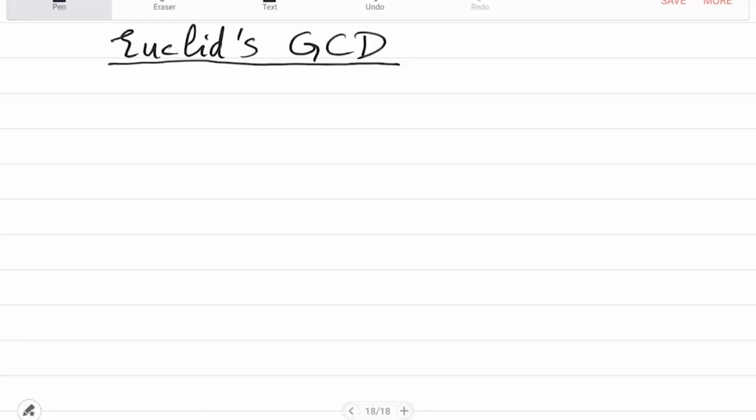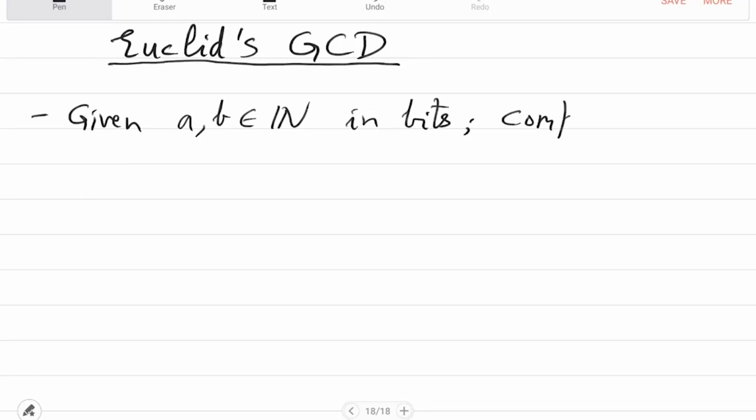So the question is, as you know, you are given A and B, let's say non-negative integers in bits. And you want to compute the GCD.